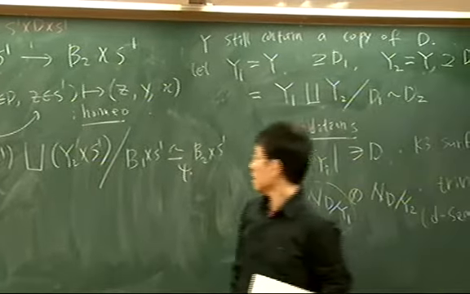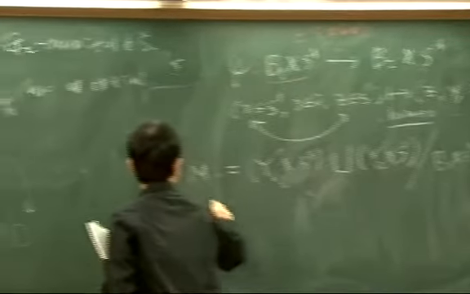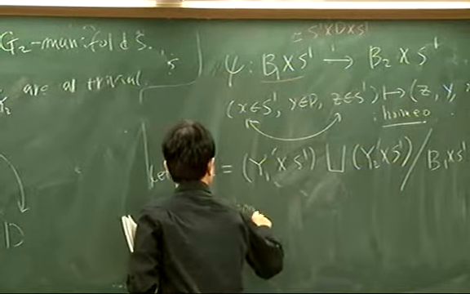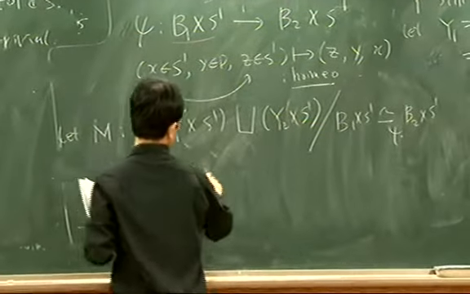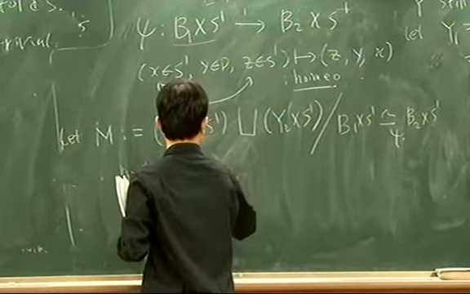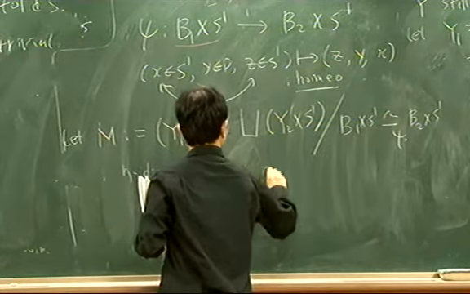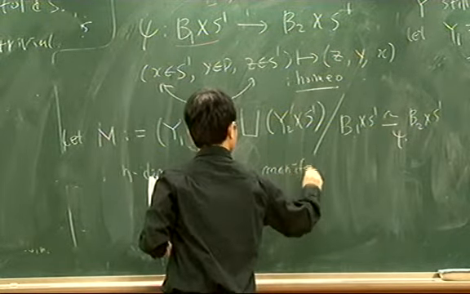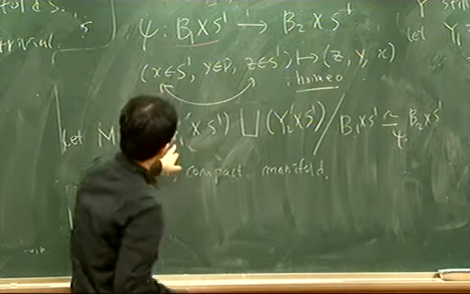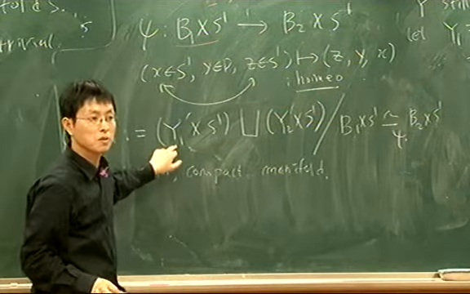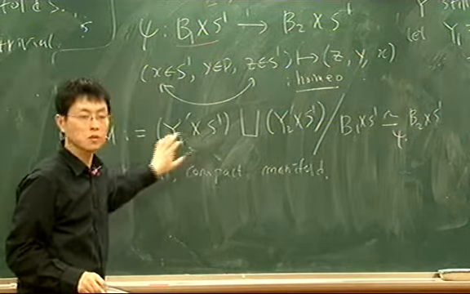Okay. Then this is a 7-dimensional compact manifold, because in real dimension this is 6-dimensional, times 1, this is 7-dimensional.